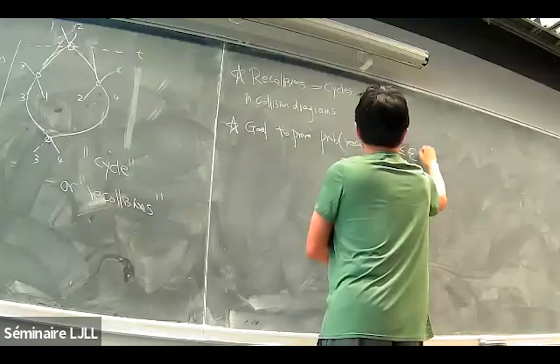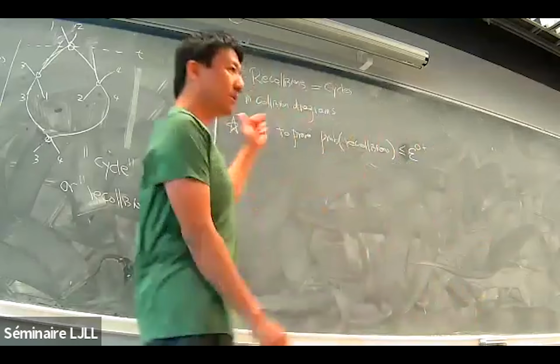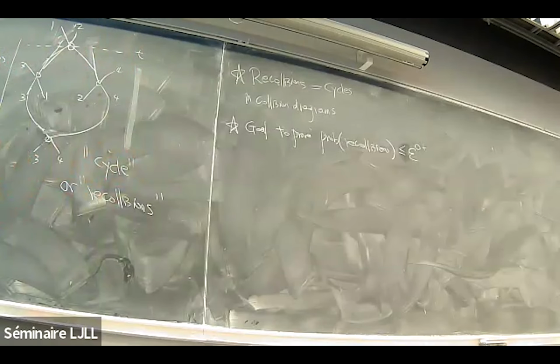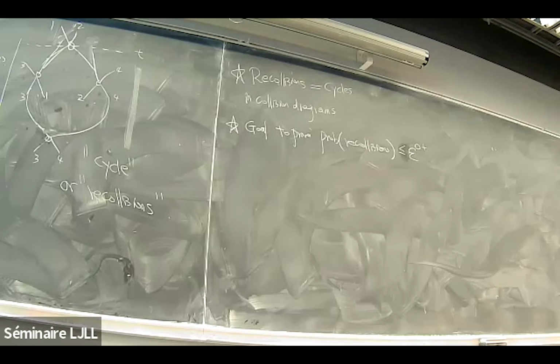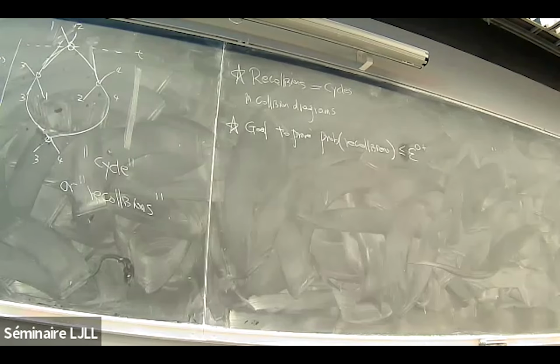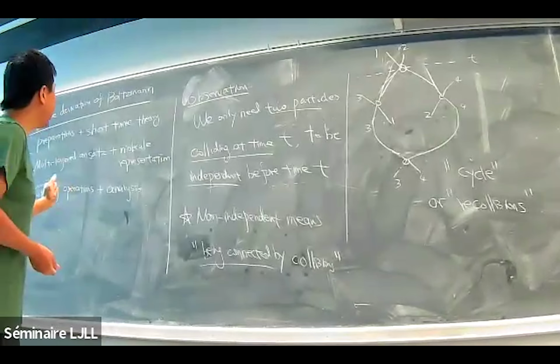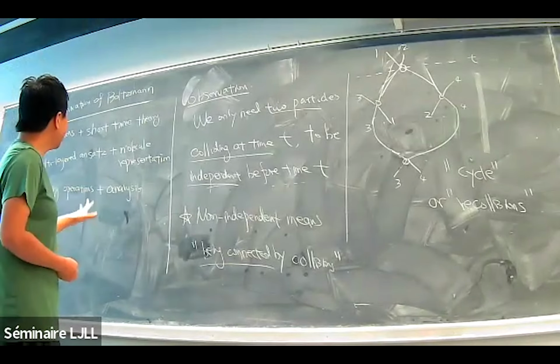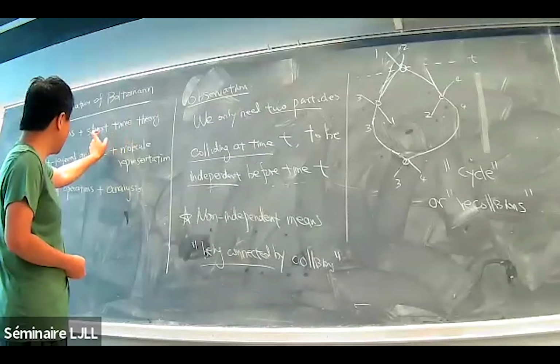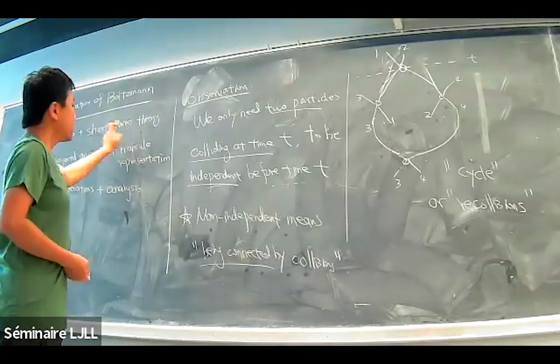It's less than epsilon to the 0 plus, of course, in the limit of epsilon. Okay, so this is essentially the preparation that we need for the proof. And now we'll start from the short time theory. There is a Chinese saying that if you need to go 1,000 miles, you have to start from the first step. Because of this, in order to talk about the long time theory, we start with short time.